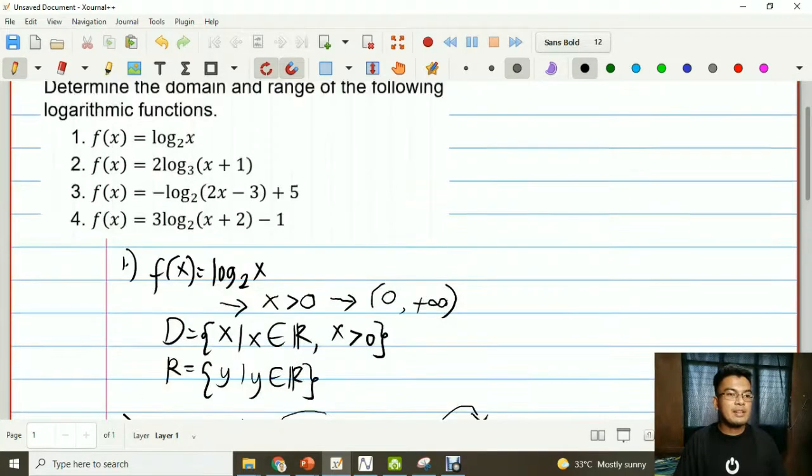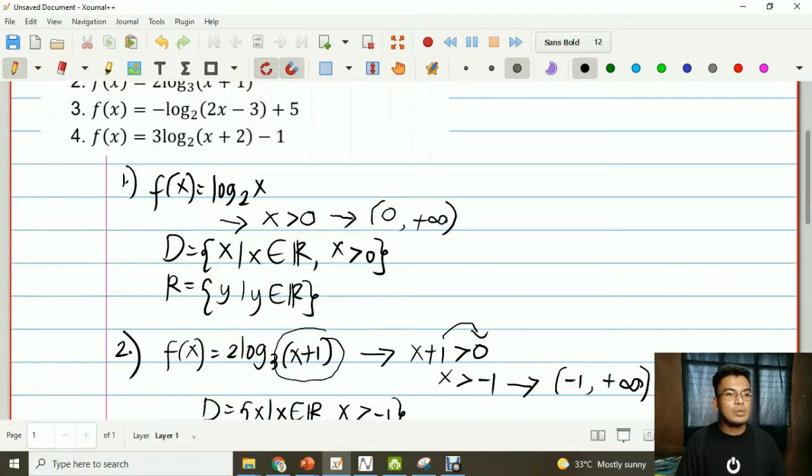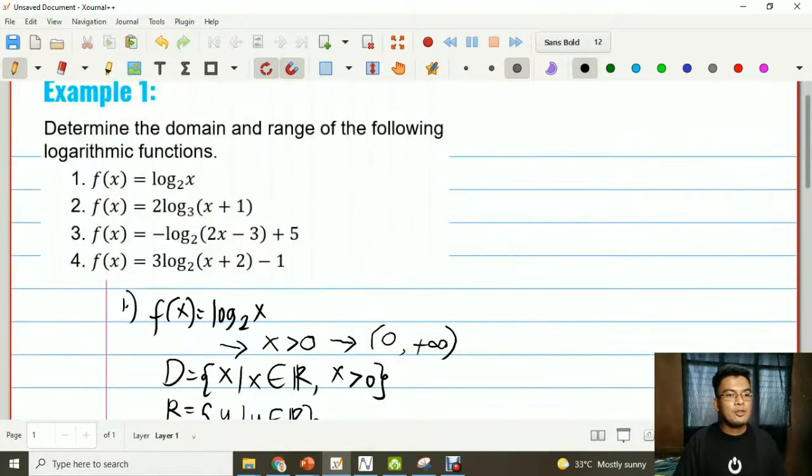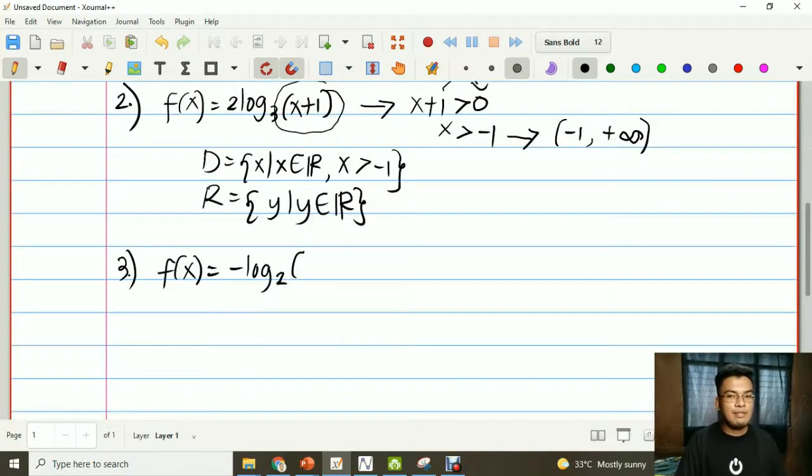For the third example, we have negative log base 2 of 2x minus 3, plus 5. So this will be f of x is equal to negative log base 2 of 2x minus 3, plus 5.